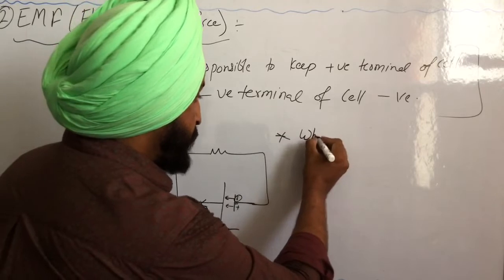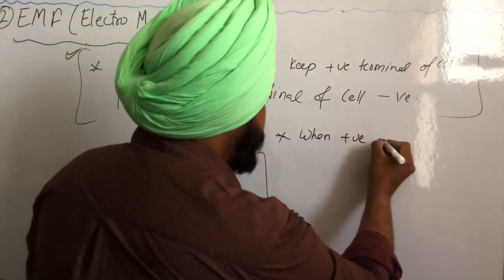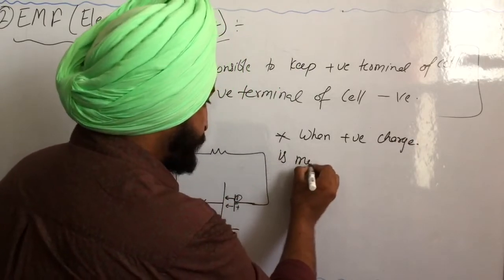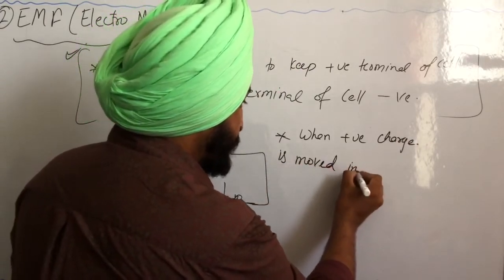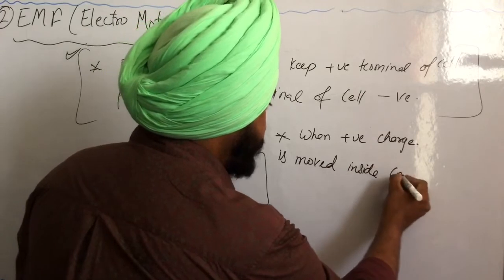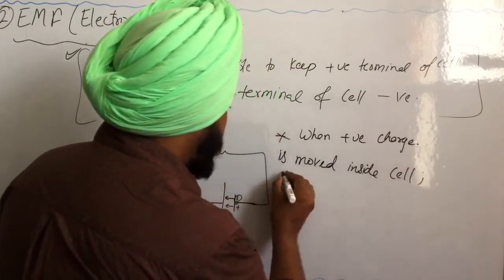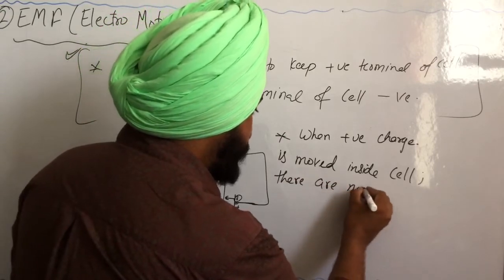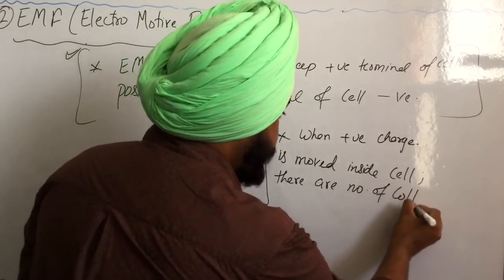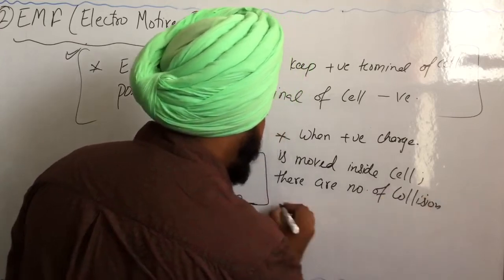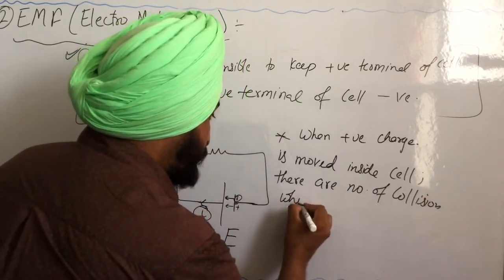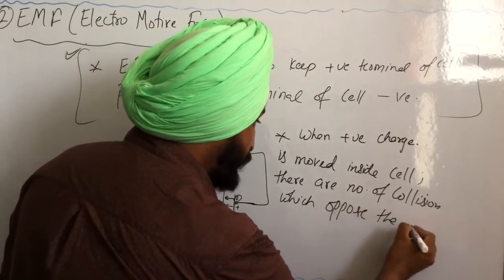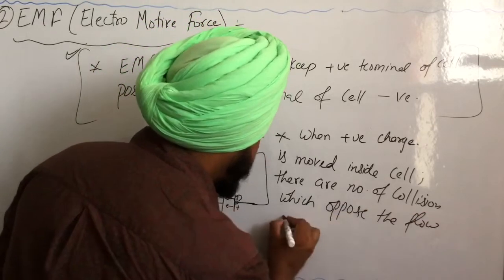When positive charge is moved inside the cell, there are a number of collisions which oppose the flow of charge.